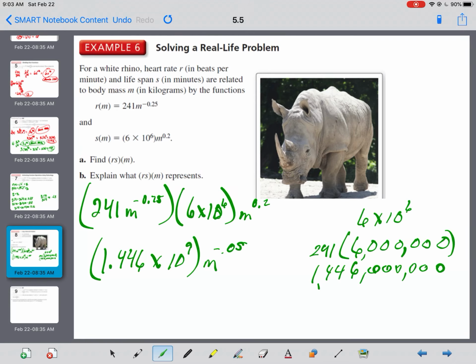So when we shrink that back down to scientific notation, you're going to go all the way to where you have a single digit in front. You can write the decimal places that are important, and then count all of those decimal places, 1, 2, 3, 4, 5, 6, 7, 8, 9. 9 places. That's the exponent you put on the 10, because that's how many decimal places to go to the right. And then the m's, just add the exponents. Okay?